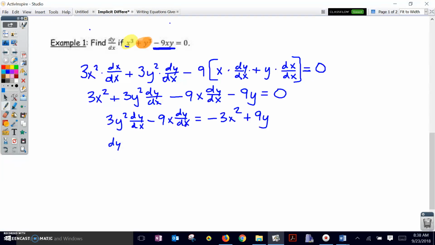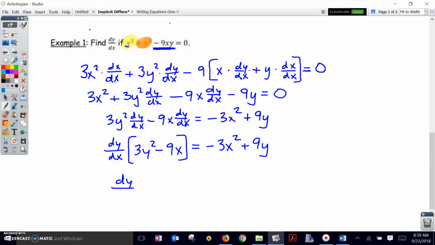Then we're going to factor dy/dx on the left-hand side once all the terms that are left contain a dy/dx. And then we're going to divide both sides by 3y squared minus 9x to get dy/dx by itself.